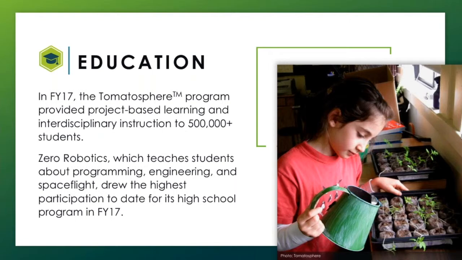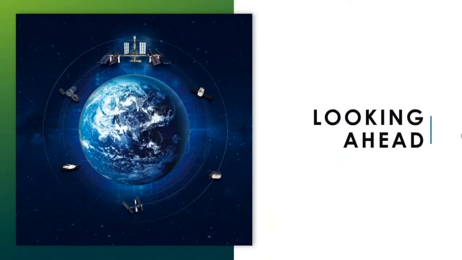Last year, it reached 500,000 students in 20,000 classrooms, where they germinated tomato seeds that were sent to the station and brought back to Earth to see if microgravity had any influence on their growth. The Zero Robotics program has high school students programming floating robots on the space station. How cool is that? If only I was younger than I am today.